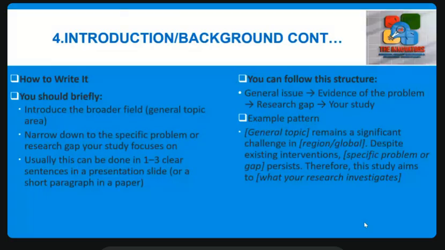The formula or structure we use: we start from the general issue or context, evidence of the problem, the research gap, and then the objective of our study. Take an example: the general topic, the regional or global context, the specific problems, and then the objective of the study.